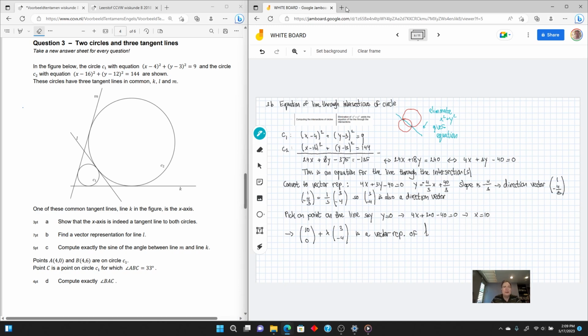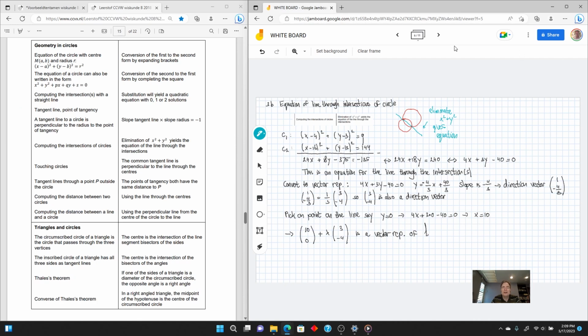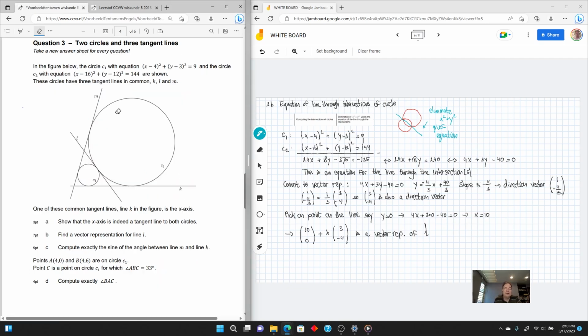And let me find that here. Computing the intersections of circles. Elimination of x squared plus y squared yields the equation of the lines through the intersections. So we need to write the equation of the circles and eliminate x squared plus y squared.